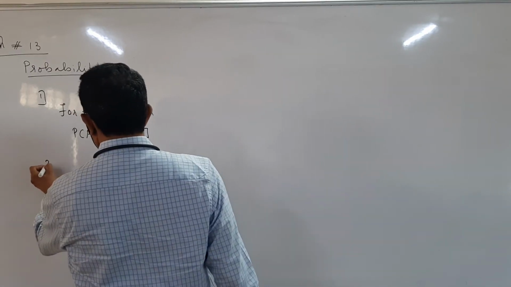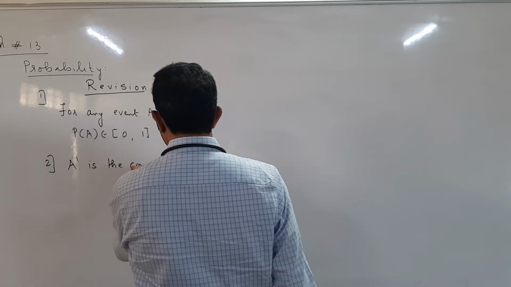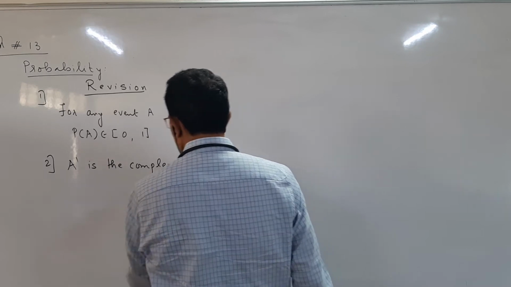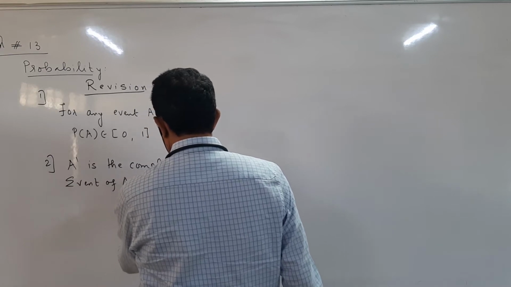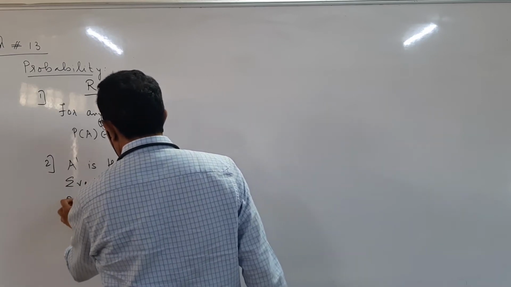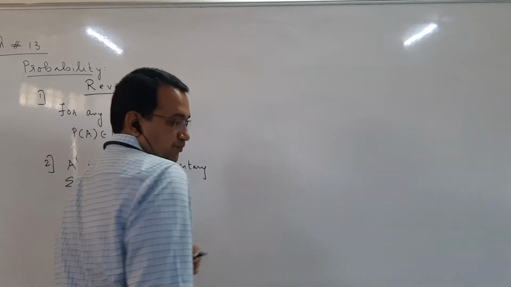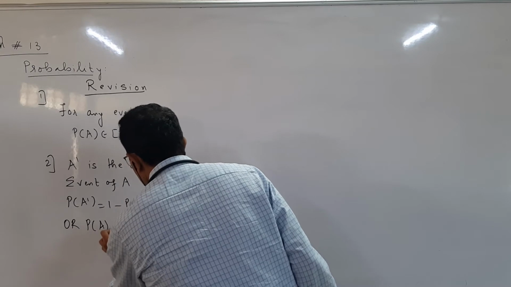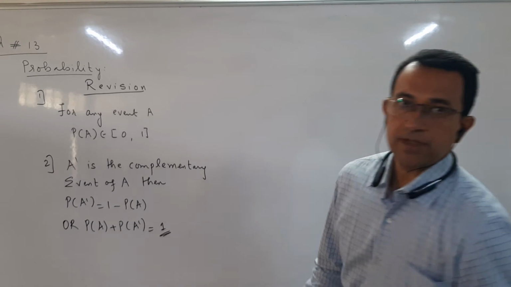Then students, if A dash is the complementary event of A, then P of A dash is equal to 1 minus P of A. Or conversely, students, I can write P of A plus P of A dash is equal to 1.